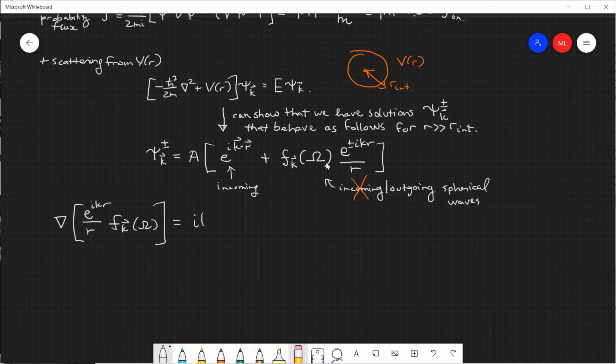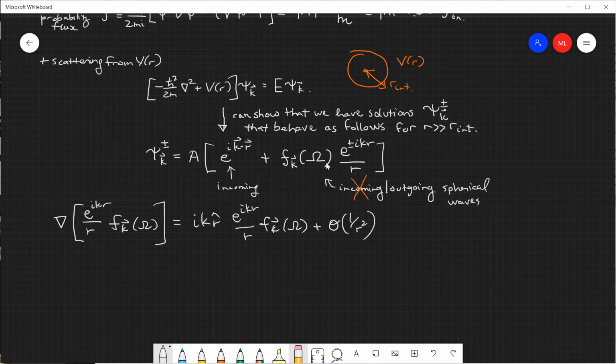So the first term is ik r hat e to the ikr over r times this angular function, plus something that goes like 1 over r squared, which we can ignore because we'll be looking far away.